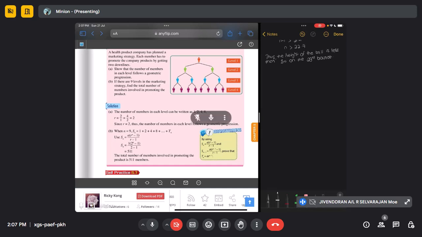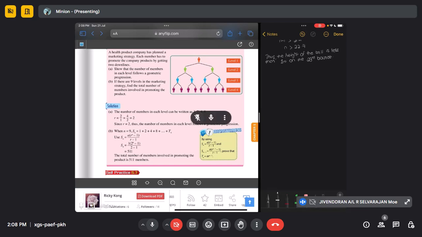So at first, you have to write the sequence. At first there's 1 person, then 2 people, then 4 people, 8 people. So it's 1, 2, 4, 8, and so on. To determine whether it's a geometric progression or not, we did this in the questions before.